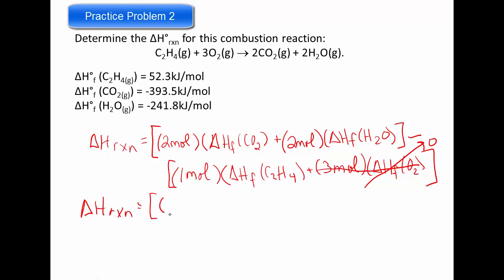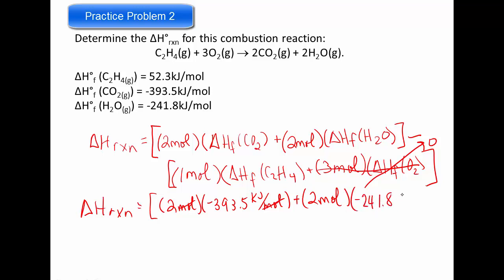So we've got 2 moles times negative 393.5 kilojoules per mole. Notice that the moles cancel out. We're going to add this to 2 moles times negative 241.8 kilojoules per mole.